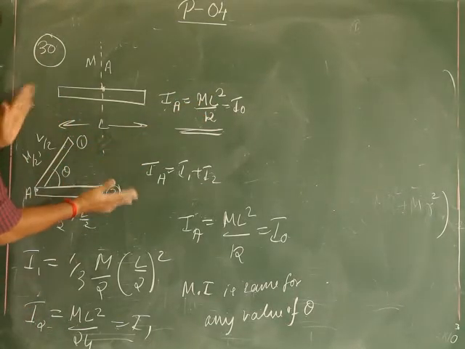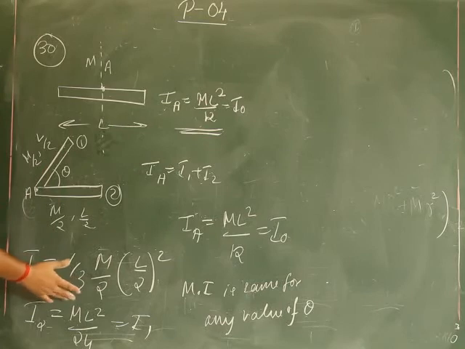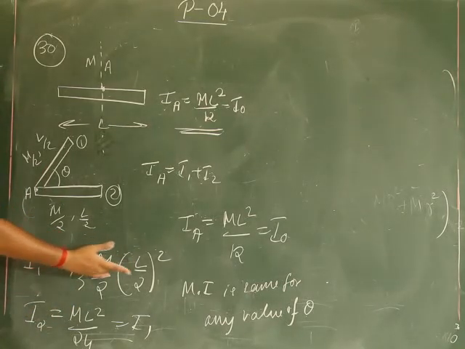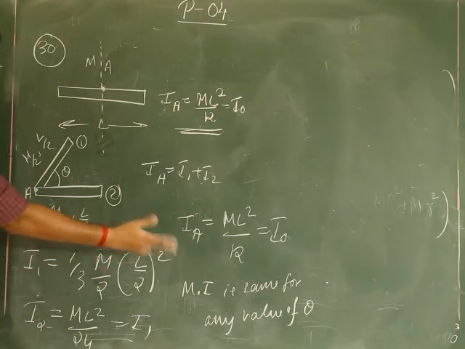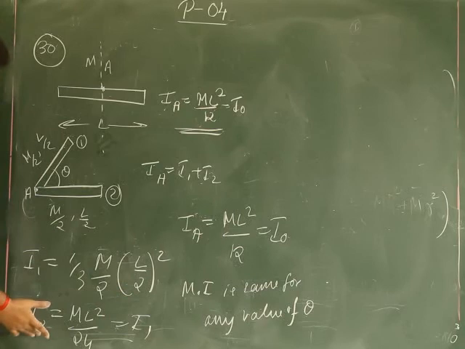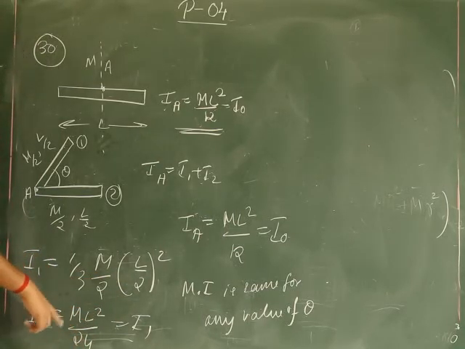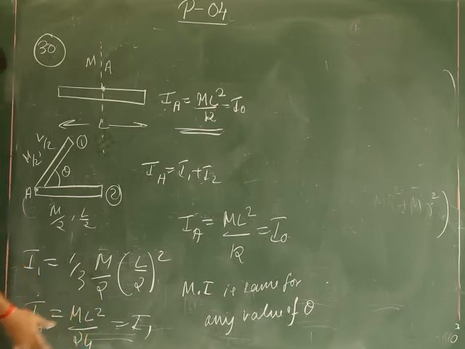Then the same rod is bent like this in this shape, at some angle theta. Once you start evaluating, I1 you will get like this, because these are just direct values we can write down. So 1 by 3 mr square, where m is m by 2 and r is L by 2. I2 is the same. So I1 equal to I2, that is ml square by 24.